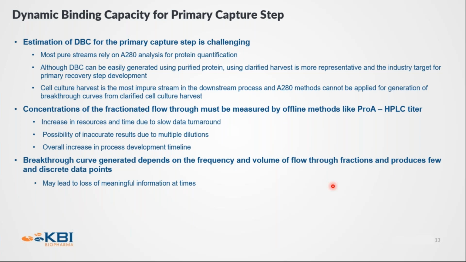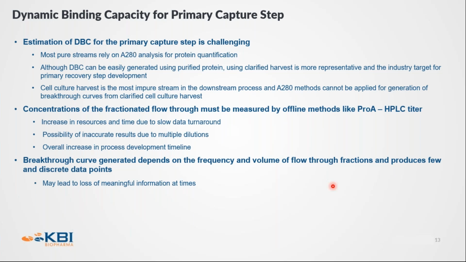Also, because of the presence of so many other impurities in the clarified harvest, there is definitely going to be a difference between the DBC obtained using pure protein and DBC obtained using the cell culture harvest. So it is always better to use the cell culture harvest as your feed stream for DBC determination.